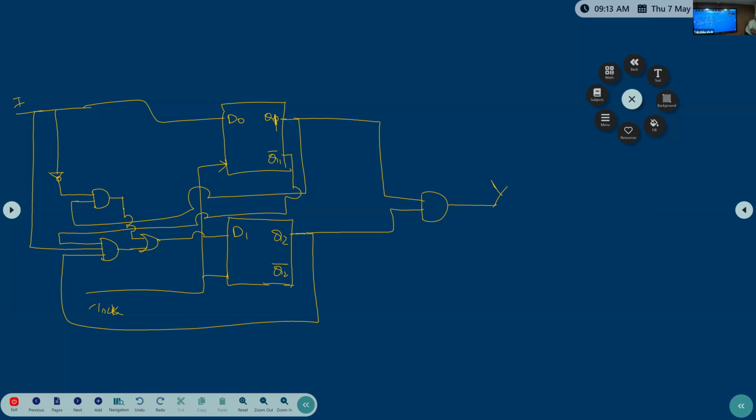Clear? So can we go to the summary? What is the summary?